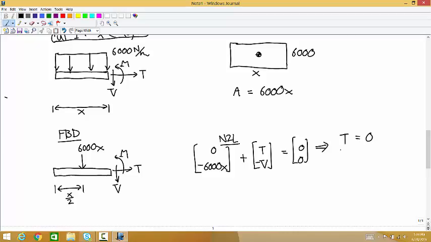So t is equal to 0, v is equal to negative 6,000x. The moment equation, the 6,000x force has a moment arm of x over 2.